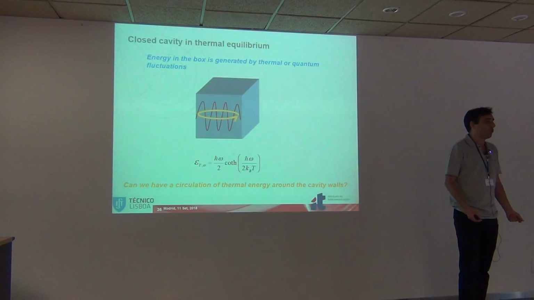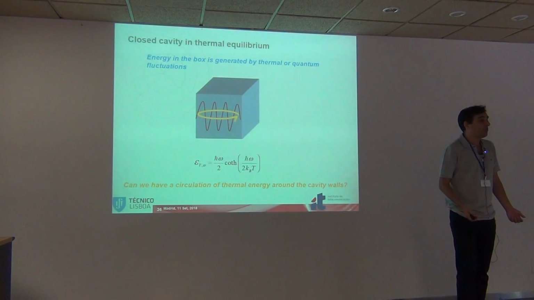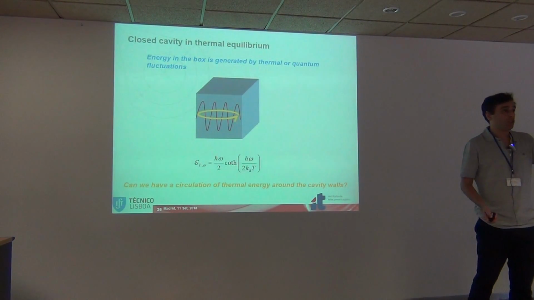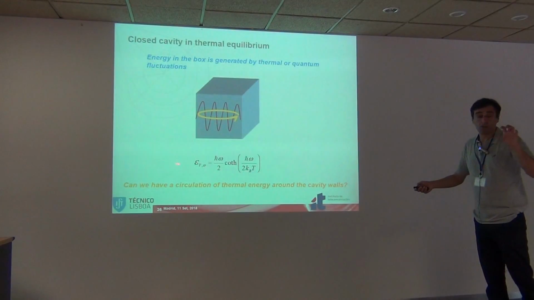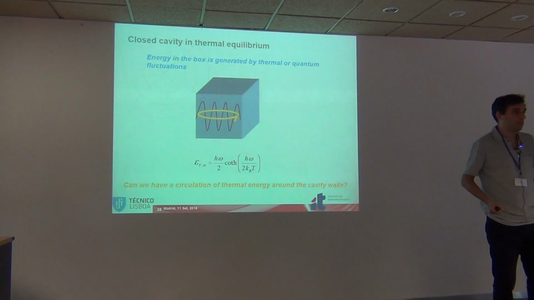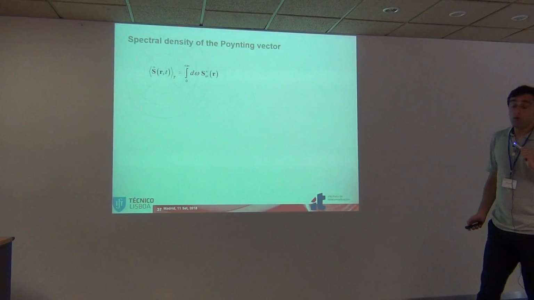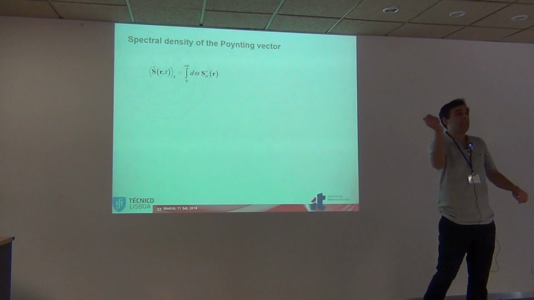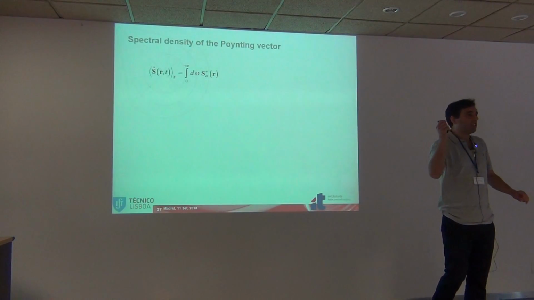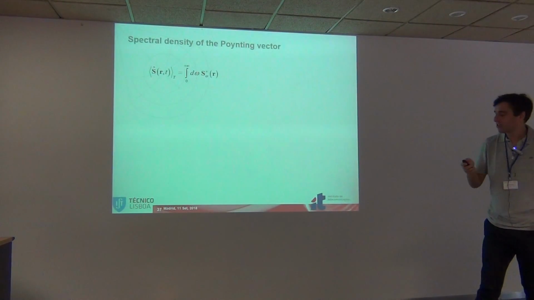Each mode corresponds to a harmonic oscillator. And in thermal equilibrium, the energy of that harmonic oscillator will be determined by this formula, which is Bose-Einstein statistics, the mean energy of the harmonic oscillator. And so I want to see if there is any energy going around the cavity in thermal equilibrium, which is something very strange.